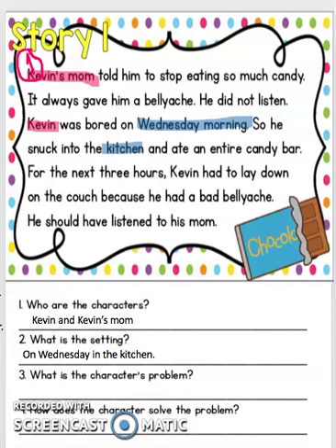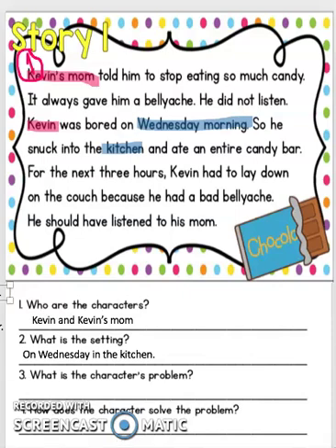My third question says, what is the character's problem? And remember, when we're thinking of a problem, it's usually something that goes wrong that they have to fix. So I'm trying to remember, based on the story that I read, what went wrong? Oh, do you have an idea? Did you say that Kevin ate an entire candy bar and he didn't listen to his mom?